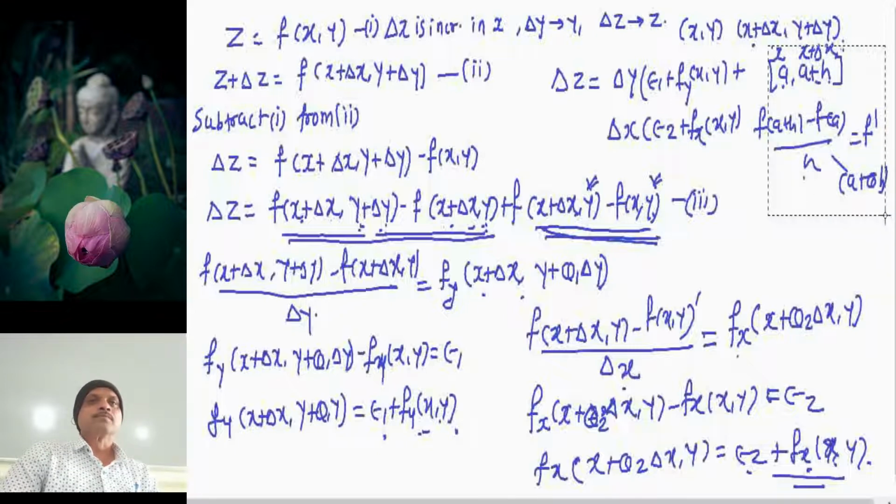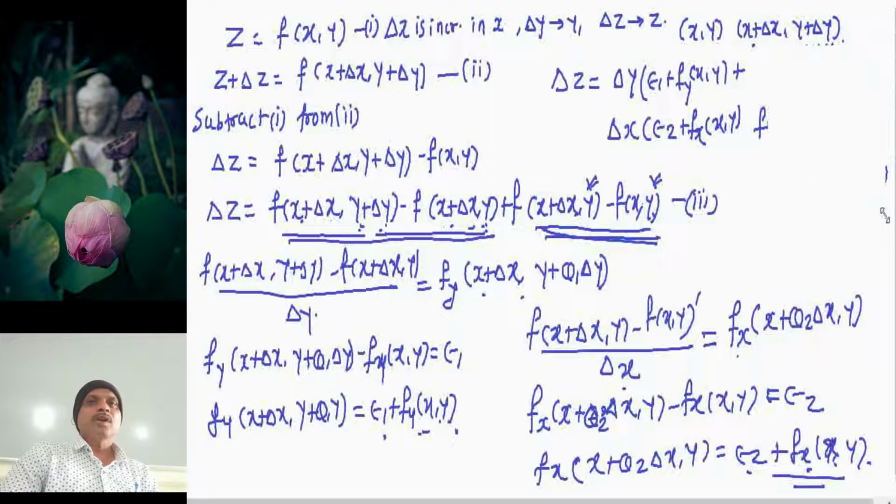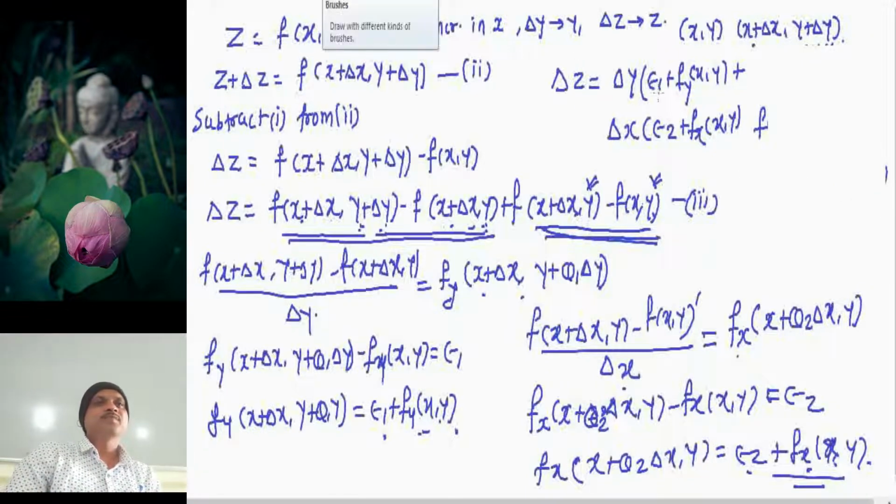Now, as this is the derivative with respect to x and y, we have f_x, but z is equal to f(x, y). So Δz by Δx means f_x, the derivative of f with respect to x.